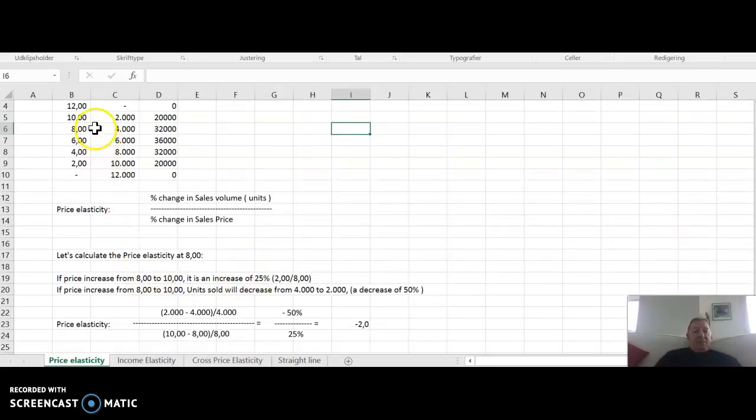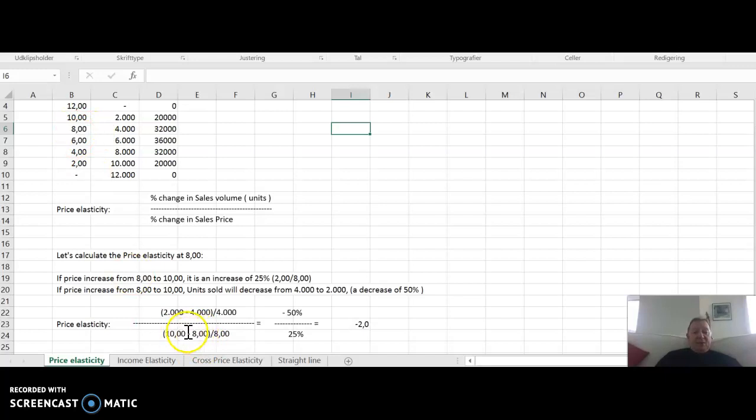Let's say that the price is 8 and let's try to increase from 8 to 10. Then volume will decrease from 4 to 2. In this case, we can say that the difference in price is 2,000 on 8,000.